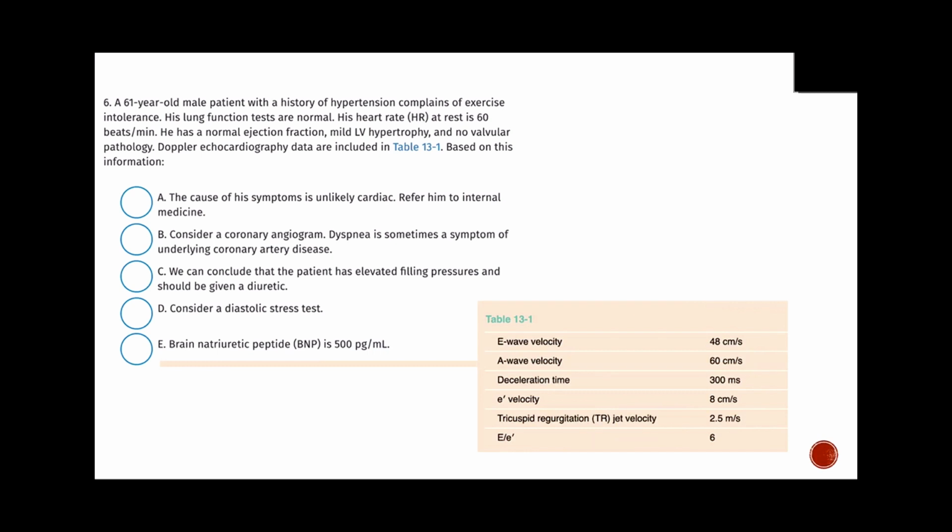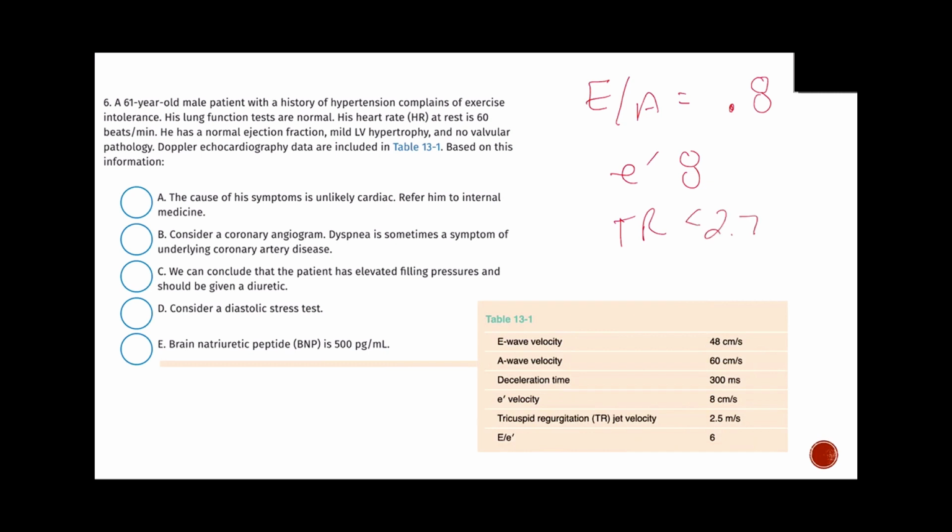So let's look. So he has an E to A is what? It's less than 1. It's actually 0.8. It's exactly 0.8, yeah, right? Perfect. All right. Our E prime is 8, right? Our tricuspid regurgitation jet is less than 2.7, right? So pretty normal.